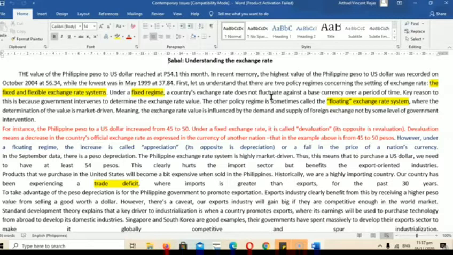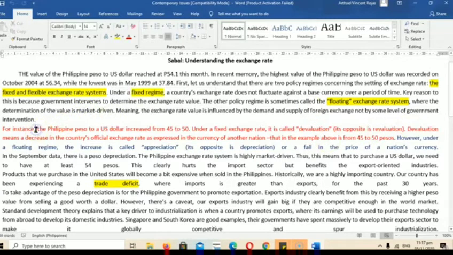If there is a high demand for dollar or high demand for pesos, that would follow the law of demand and supply of the foreign currency, which is supervised by the market.